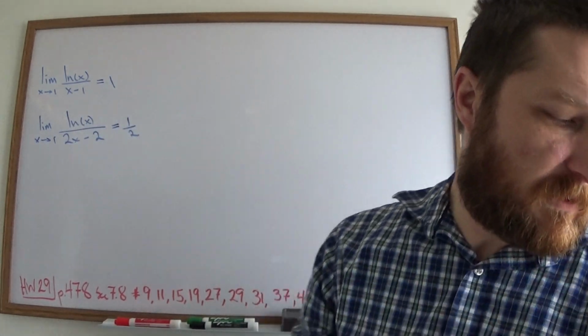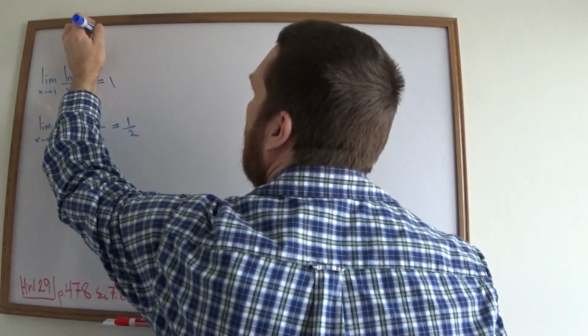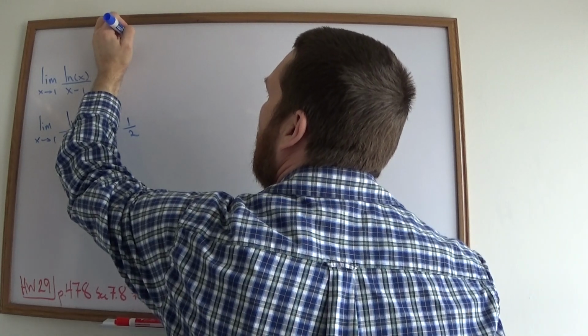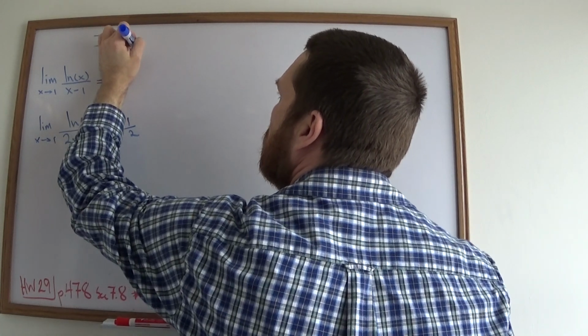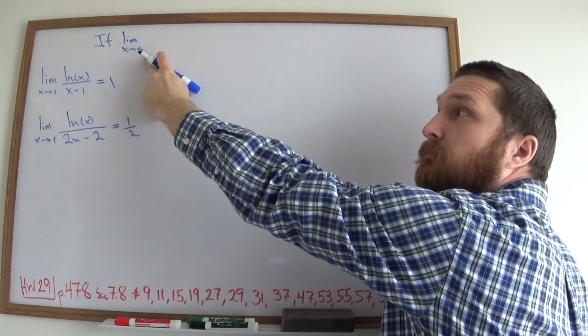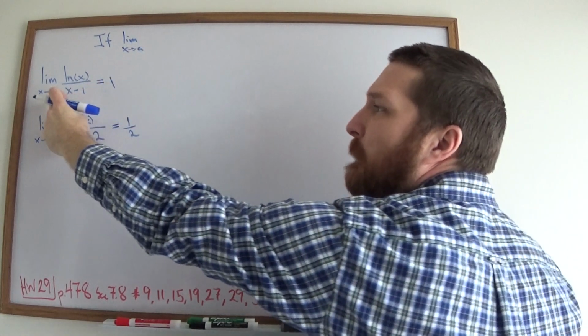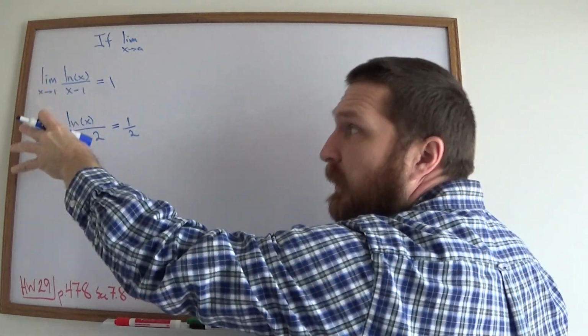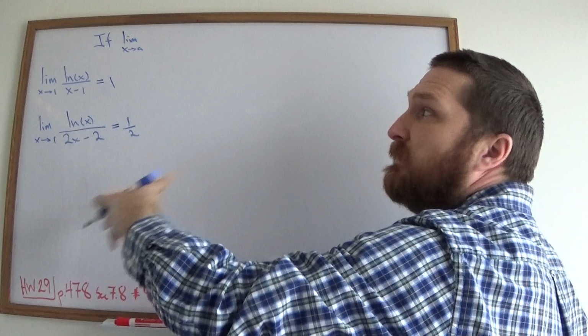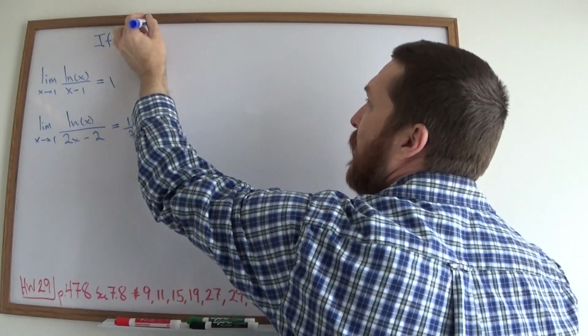We have this really cool fact. It turns out that if the limit as x goes to some number a, and a might be plus or minus infinity, okay? Here we happen to be going to a number, but what I'm about to write works whether the limit's going to infinity, negative infinity, some number, doesn't matter.